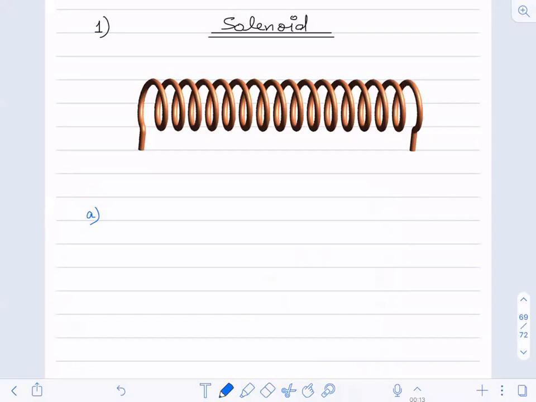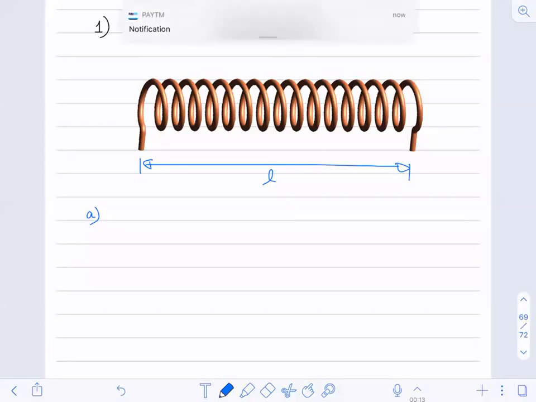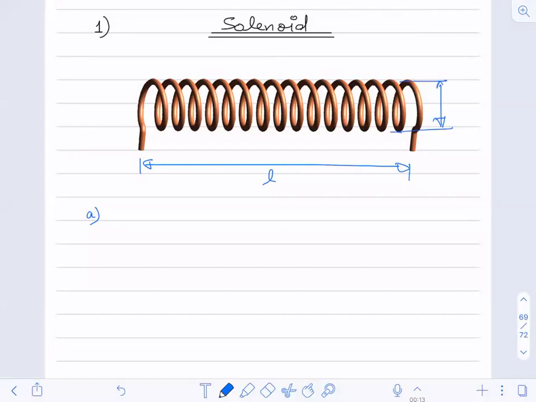So what we are trying to say here is that this is L, the length of the solenoid. And this will be called the diameter of the solenoid.